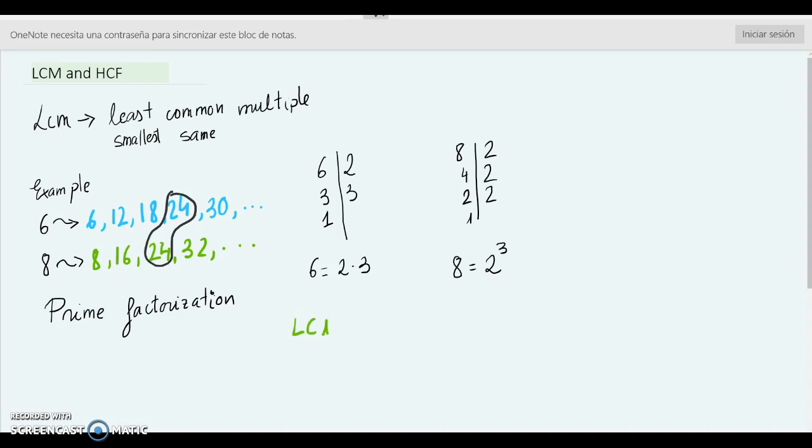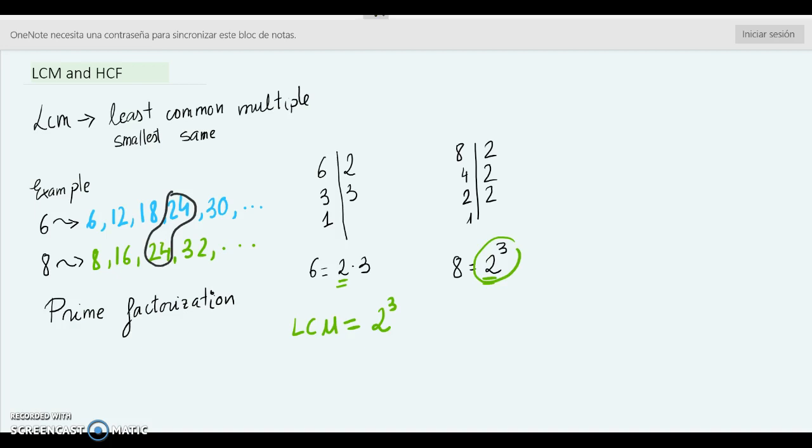Okay, so now to find the LCM, I have to select all the factors taking the biggest exponents. So the factor 2 is here and is here, so it's repeated. So I have to choose the factor 2 with the biggest exponent. So this is 2 to the power of 3.